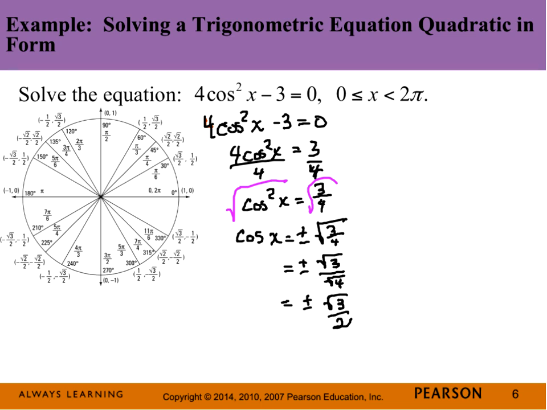And that occurs, I'll point it out on the unit circle, at pi over 6, also at 5 pi over 6, and 7 pi over 6, and finally 11 pi over 6. So my solutions are pi over 6, 5 pi over 6, 7 pi over 6, and 11 pi over 6.